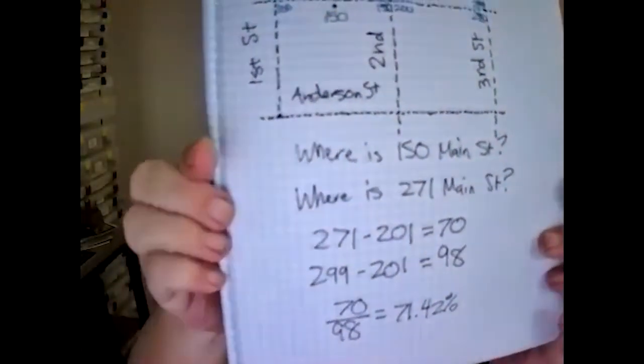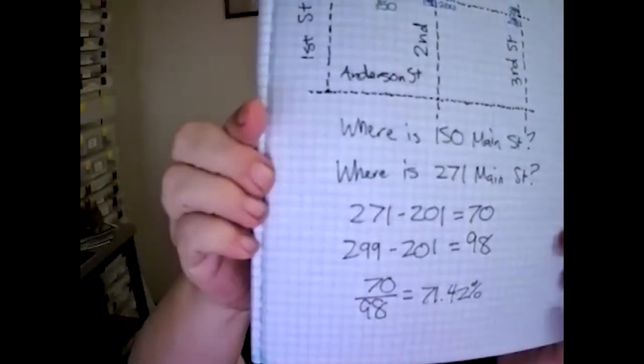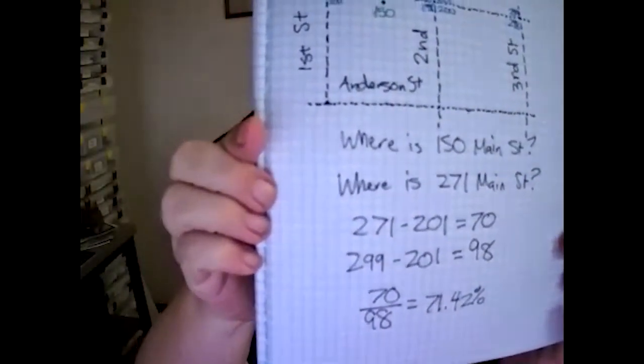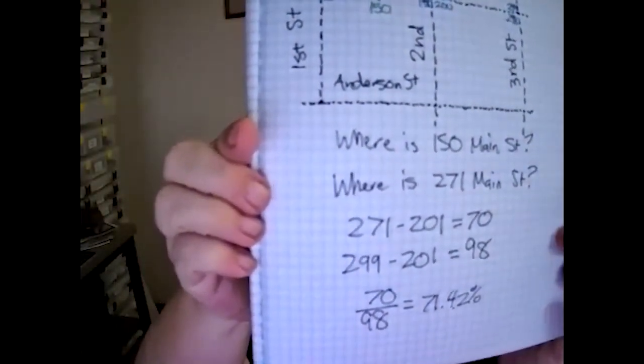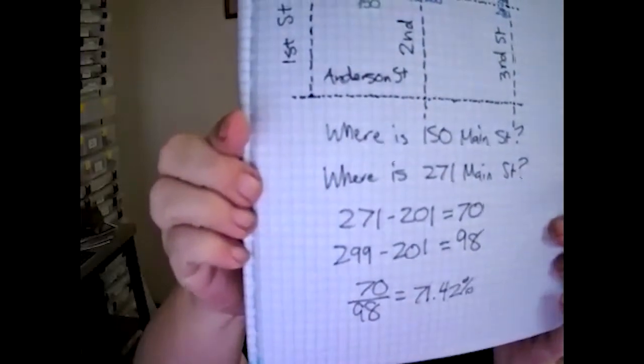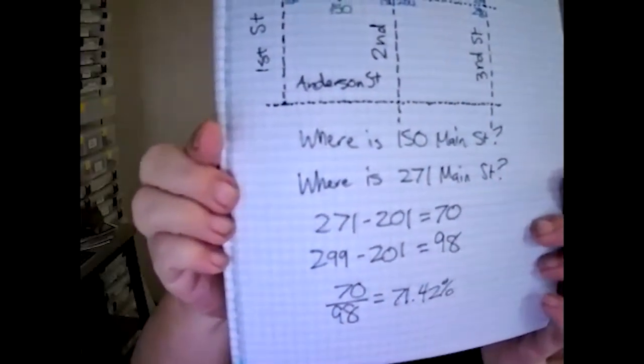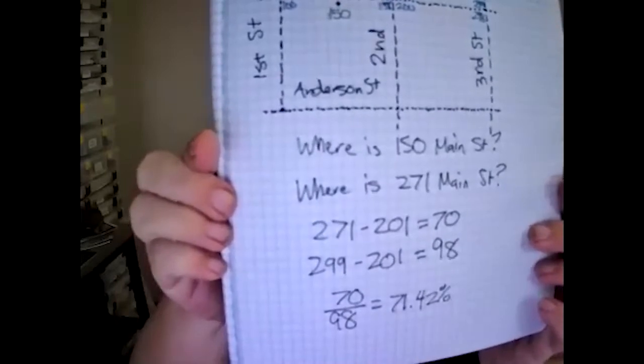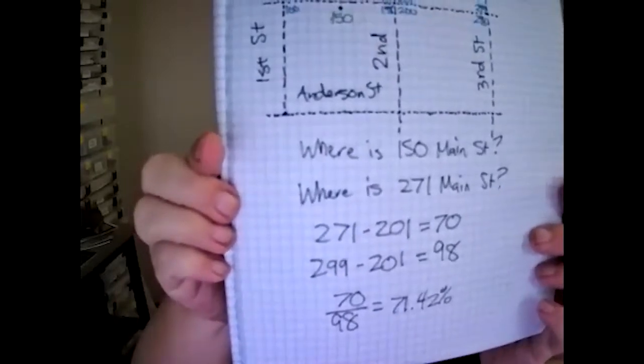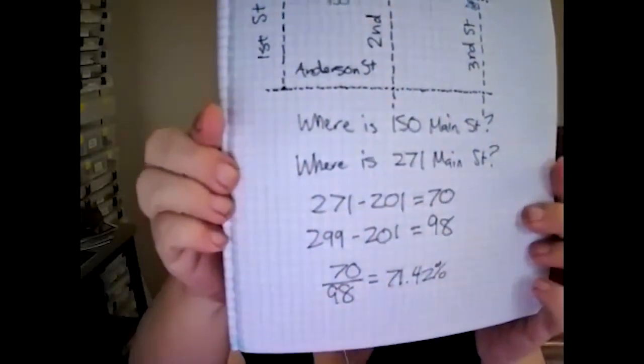So the location along that block of 271 Main is about 71% along the line between 201 and 299. I'm just going to estimate, because I don't have to be that precise here.